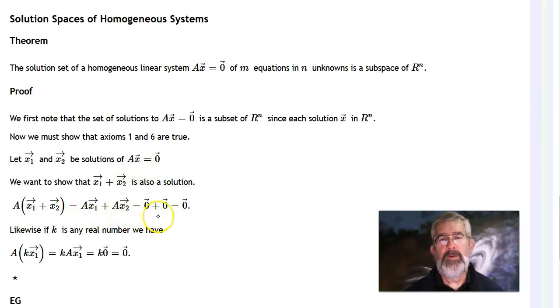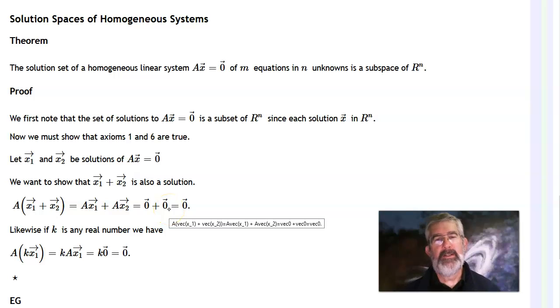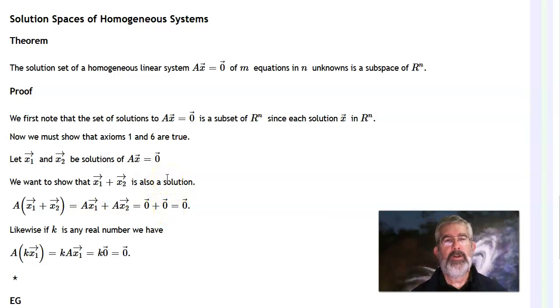Likewise, A times x2 is equal to the 0 vector because x2 is a solution. And 0 vector plus 0 vector is the 0 vector. And so x1 plus x2 is a solution to Ax equals 0, and we have that addition is closed in this set.